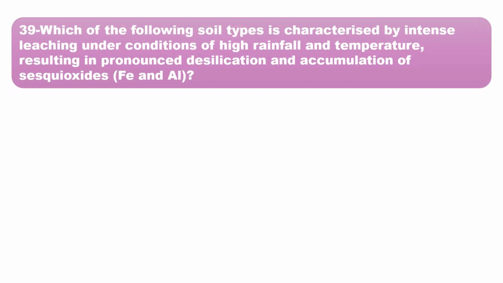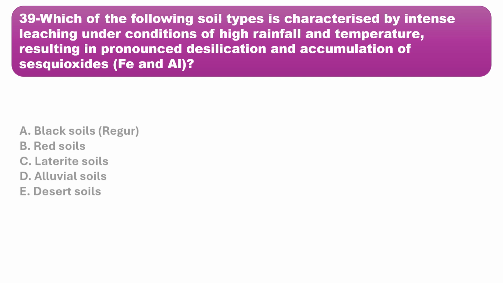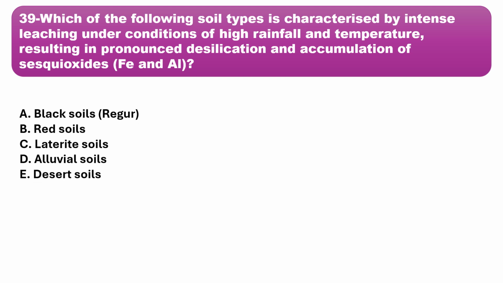Next question. Which of the following soil types is characterized by intense leaching under conditions of high rainfall and temperature, resulting in pronounced desilication and accumulation of sesquioxide? The correct answer here is laterite soils. Whenever you see the terms high rainfall and temperature, these conditions usually favor the formation of laterite soils.